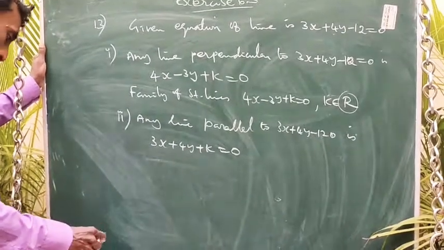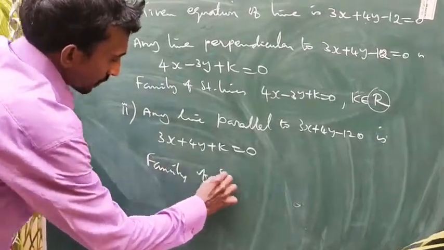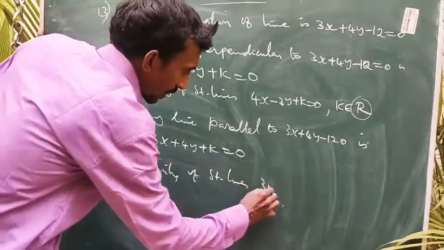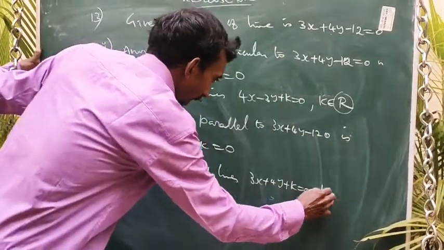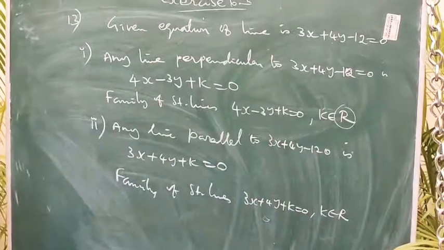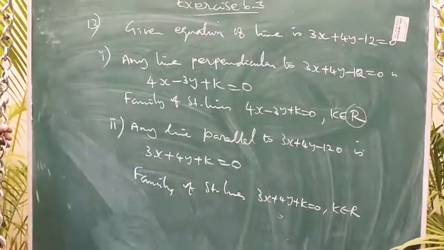So the family of straight lines according to this condition is 3x + 4y + k = 0, again k belongs to real numbers. If we keep on changing the value of k, putting different real numbers, we can get different lines.